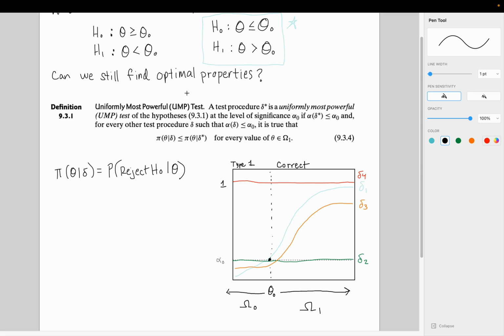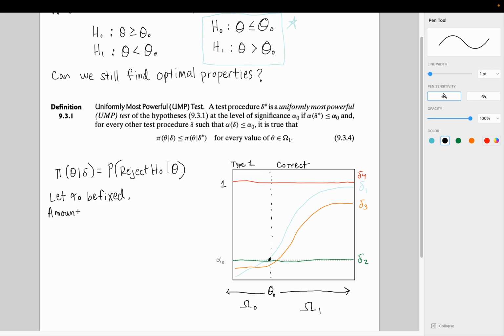Now I'm going to talk about this definition in non-technical terms. We're going to let alpha naught be some fixed value that we're not paying attention to; you can think 0.05 for simplicity.